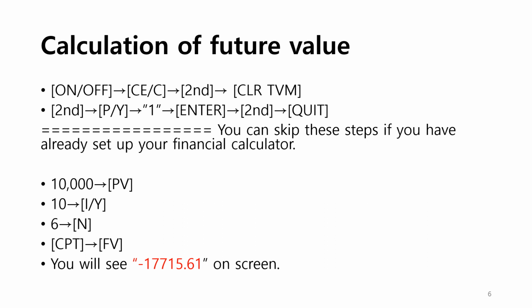Press 6 and then press N. And press compute. CPT is compute. And press future value, FV. Then you will see this number on screen. This is the future value.